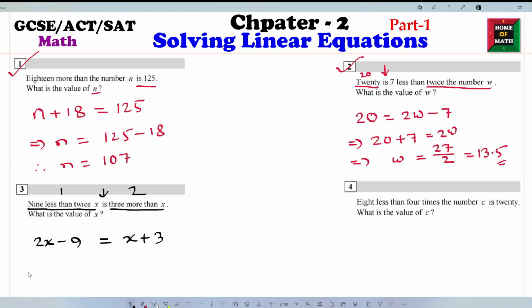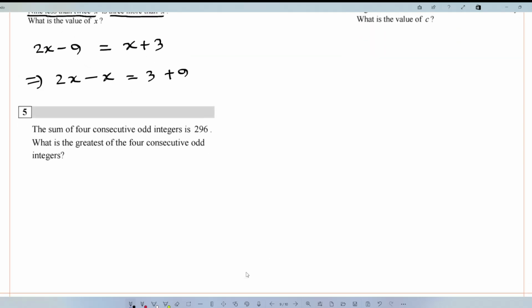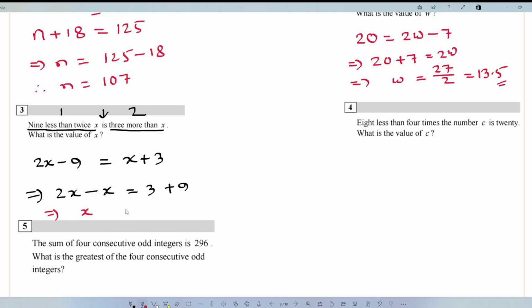Now here is 2x, and this x, once we move it from the right side to the left side, it becomes minus x, and 3 minus 9 becomes plus 9. Then x equals 3 plus 9, which is 12. Clear?